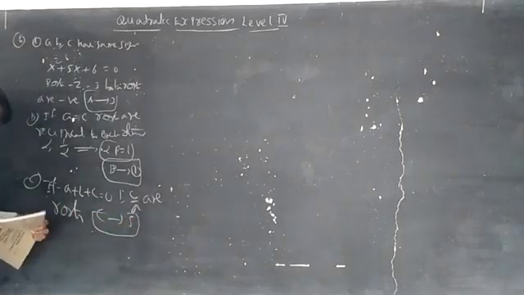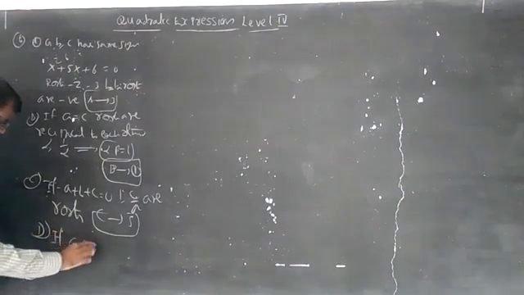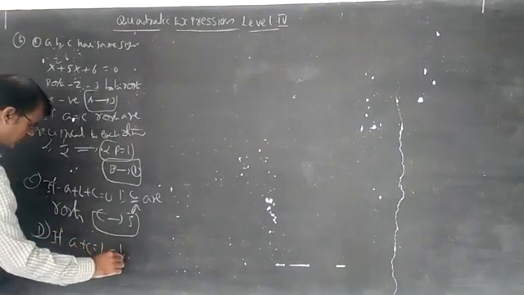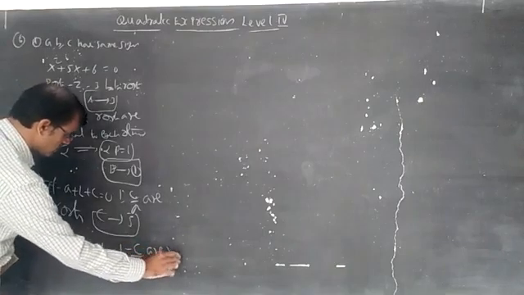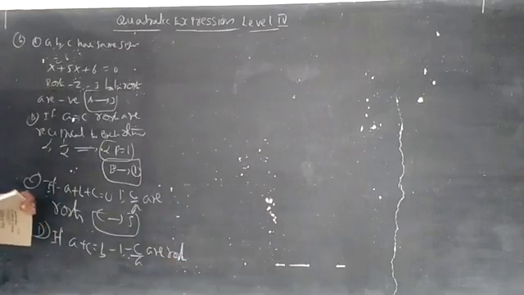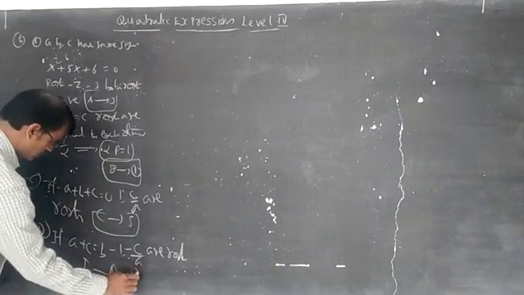Again, two options are there. Next one, if a plus c is equal to b, then I said minus 1 comma minus c by a are roots. So for d it is second. So option 4.